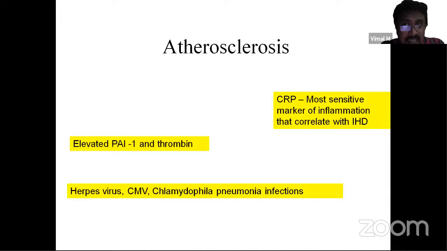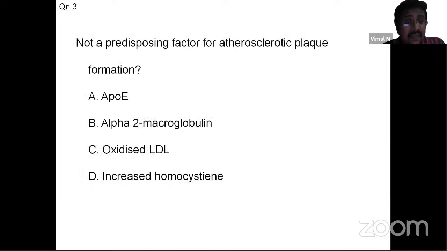The recent factors, as Robbins says, are infections like herpes virus, cytomegalovirus, and Chlamydia pneumoniae, which predispose the individual to the development of atherosclerosis. In addition, ApoE, oxidized LDL, and increased homocysteine are also predisposing factors, but alpha-2 macroglobulin is not a risk factor.